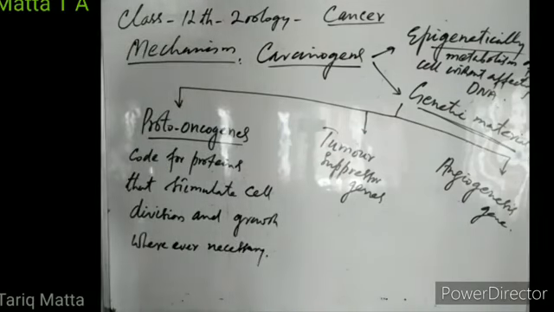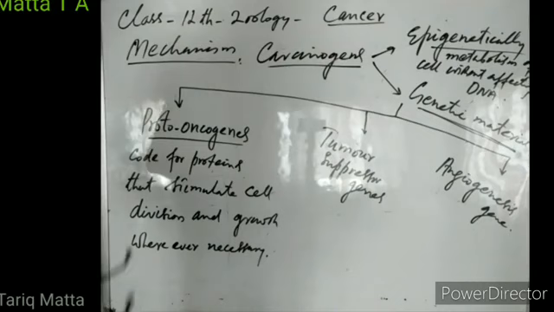So protooncogenes are the genes which produce some proteins. And those proteins are necessary for cell division and growth in the areas wherever cell division and growth is required, right? So protooncogenes stimulate our body cells for cell division and growth.